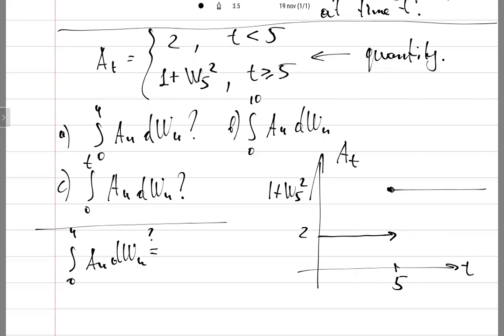So your final wealth is 2 times W_4, because you have 2 cups, and each cup has the price W_4. Your initial wealth is: you have 2 cups, each cup is worth W_0, so 2 W_0.